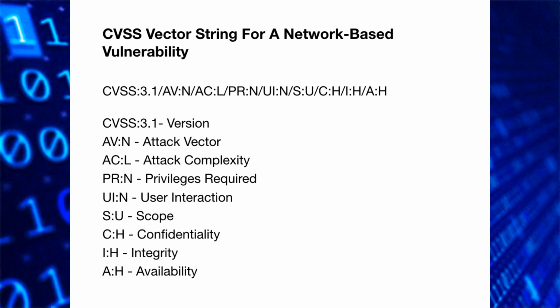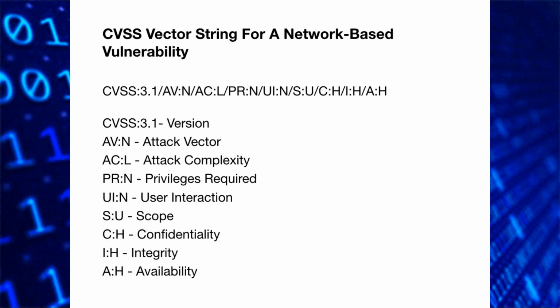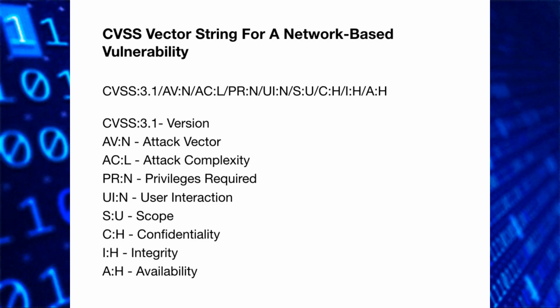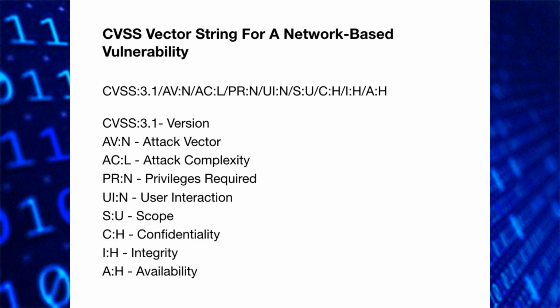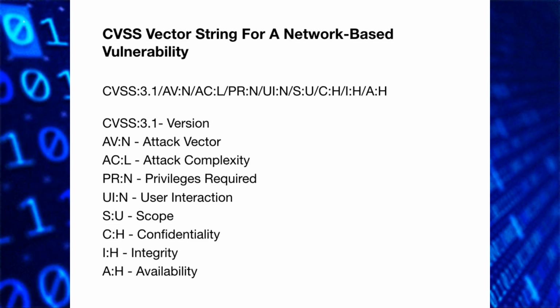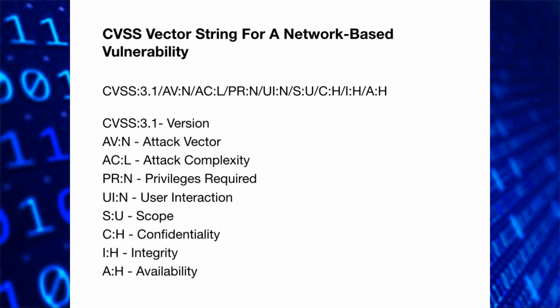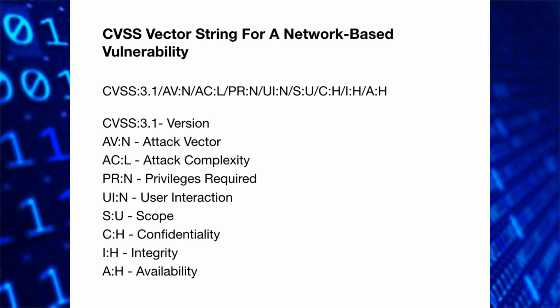UI:N is user interaction none, can be none or required. S:U is scope unchanged. C:H is confidentiality high impact, can be none, low or high. I:H is integrity high impact, can be none, low or high. A:H is availability high impact, can be none, low or high.